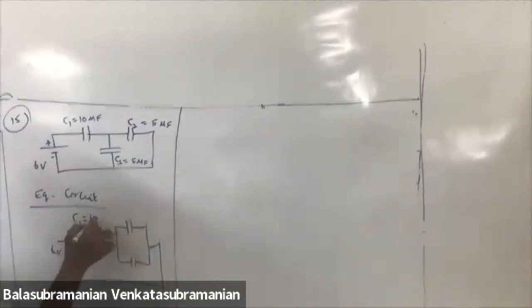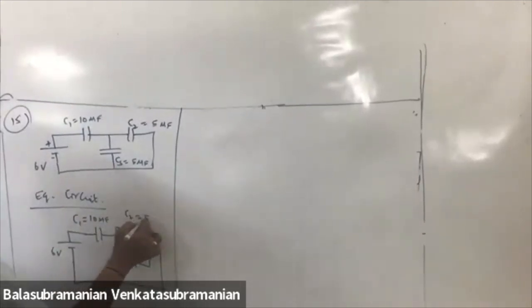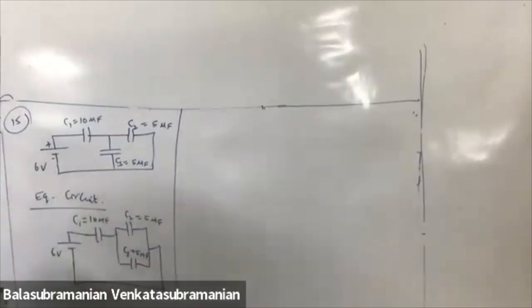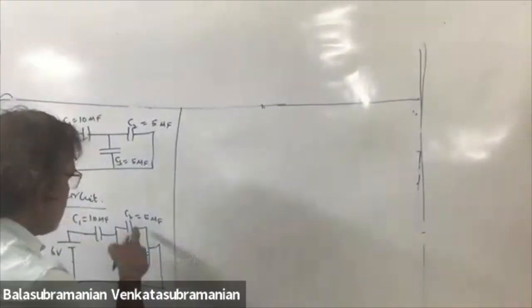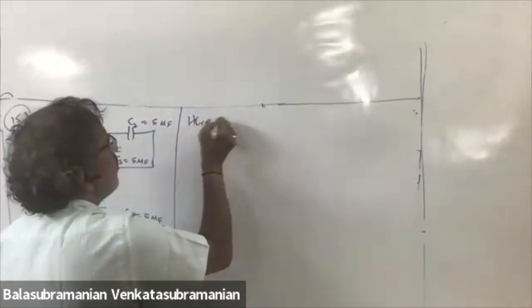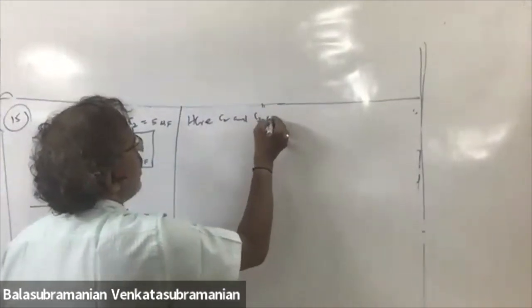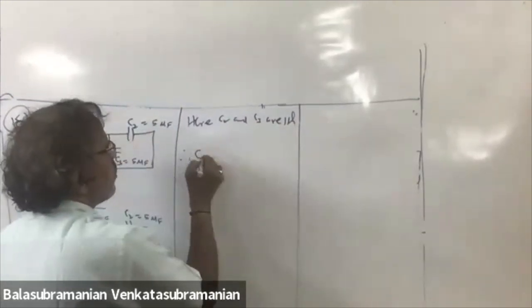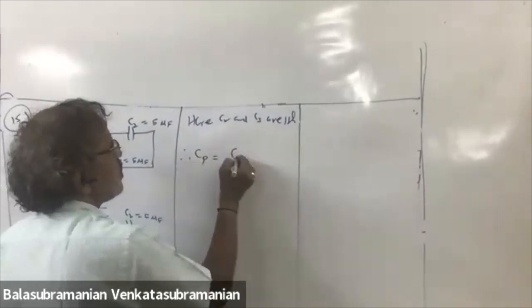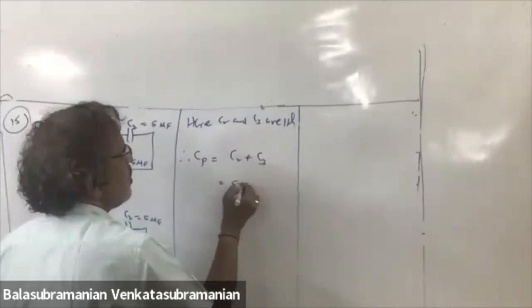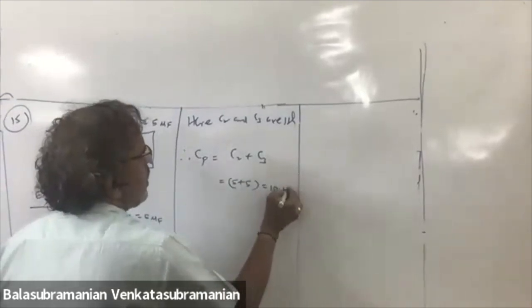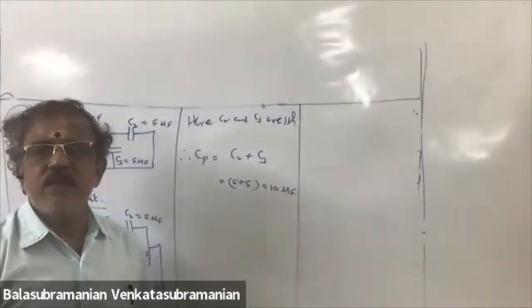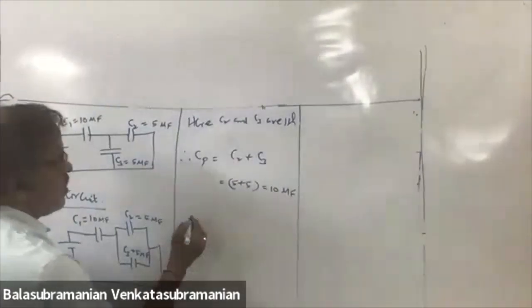C1 10 microfarad, C2 5 microfarad, C3 5 microfarad. So C2 and C3 are parallel. Therefore, Cp is equal to C2 plus C3, 5 plus 5, 10 microfarad.